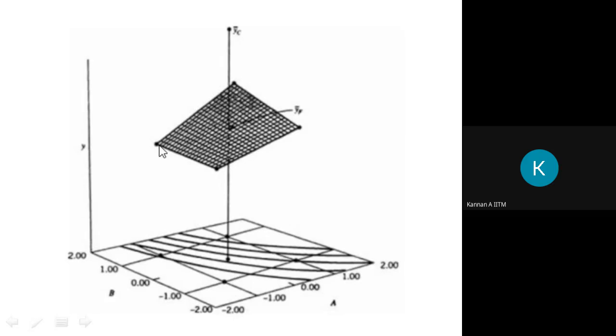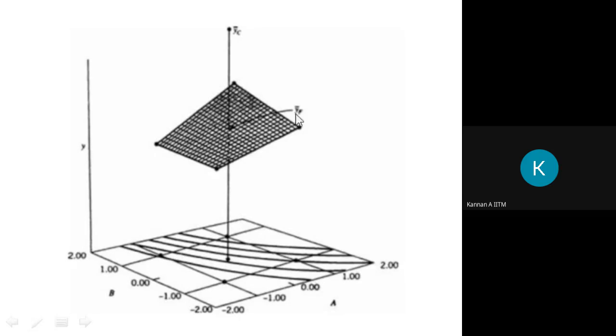But if the corner point average is much lower than the center point average, then obviously the center points are lying at a higher position when compared to the corner points.